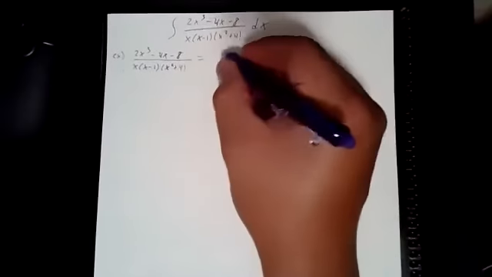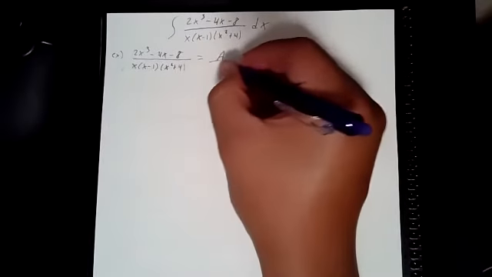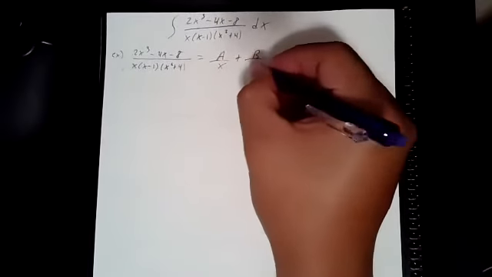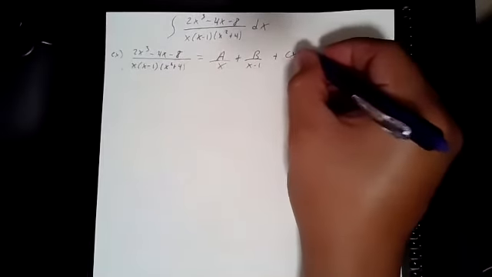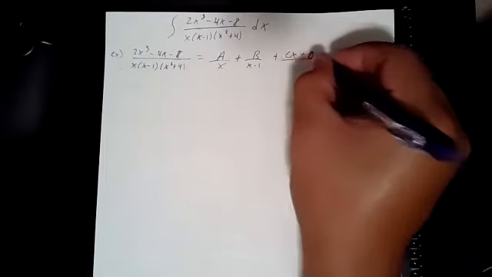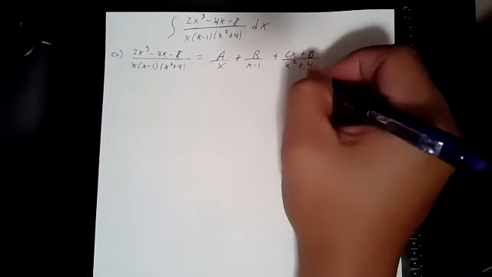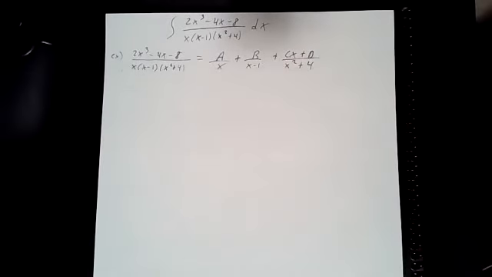So distinct says we do A over the first one, B over the second one, and then this is a quadratic that doesn't factor, so that's Cx plus D over x squared plus 4, right?